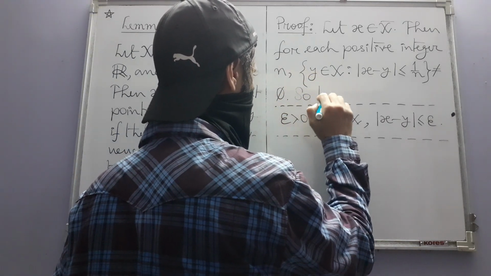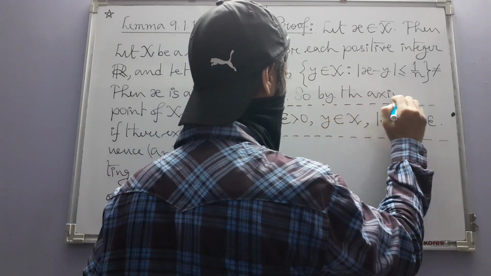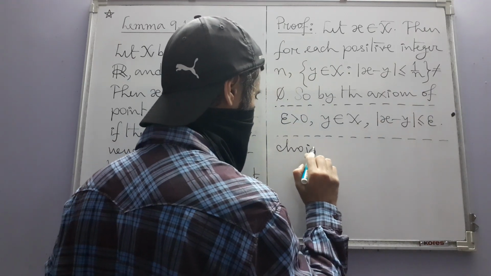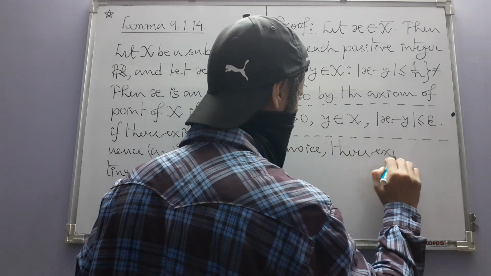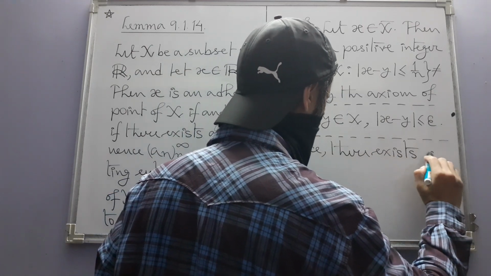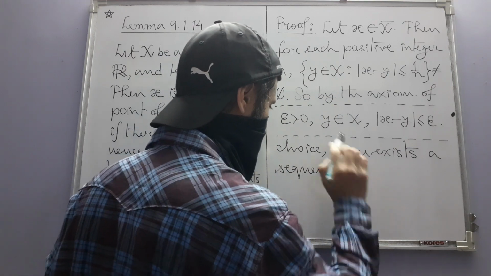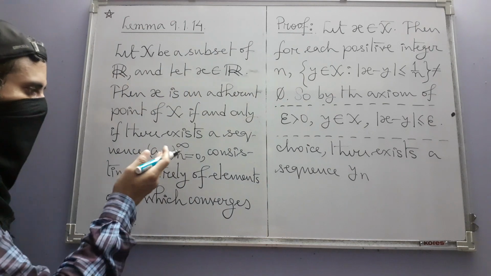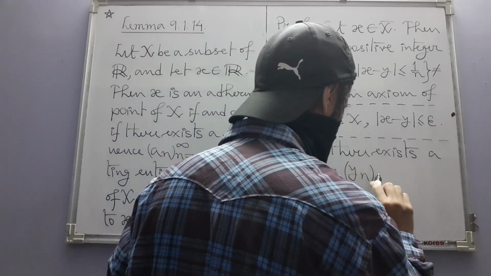So by the axiom of choice, there exists a sequence y_n. If you want, you can call it a_n because that is there in the statement, but let me just call it y_n.